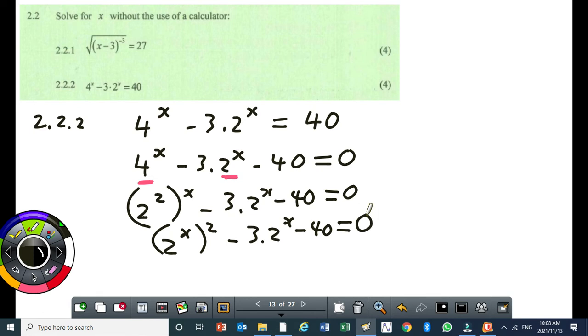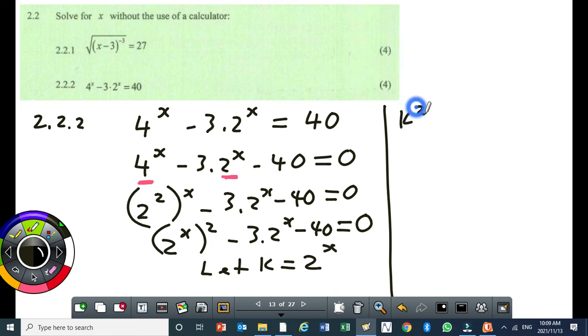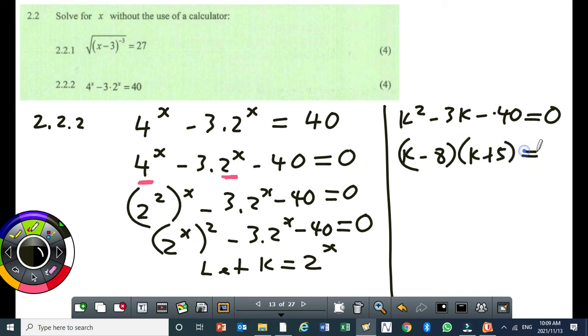Okay? Now we bring in the k method. Let k equal 2 to the power of x. If we put that in, the equation becomes k squared minus 3k minus 40 equal to 0. And this will be k minus 8 times k plus 5 equal to 0.